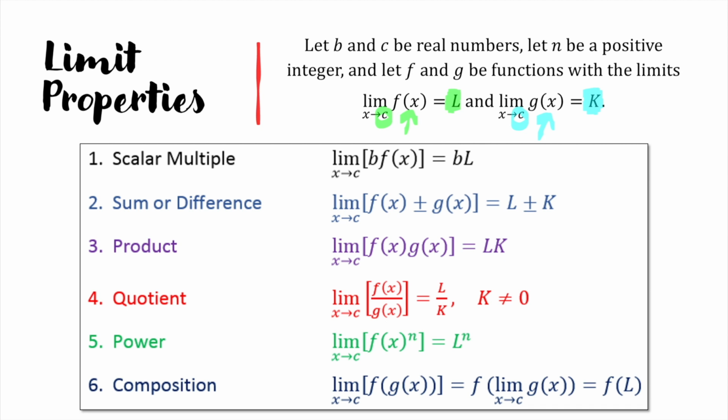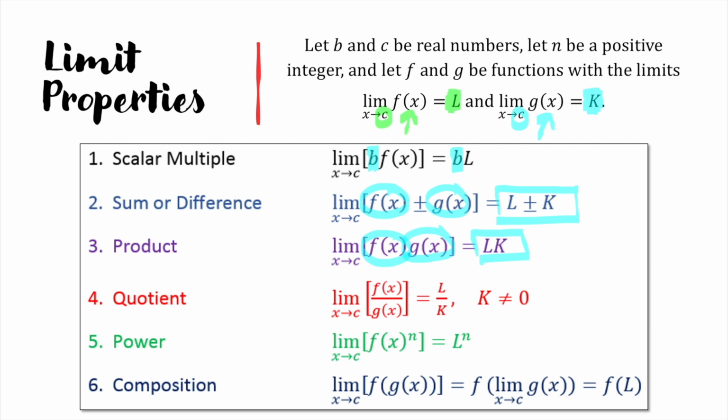Number 1 is a scalar multiple. So if you take a function and multiply it by some constant, you can actually just take the limit and multiply it by the same constant. If you have 2 functions that are being added together, then their limits also can just be added together. If you have 2 functions that are being multiplied together, their limits can also be multiplied together.